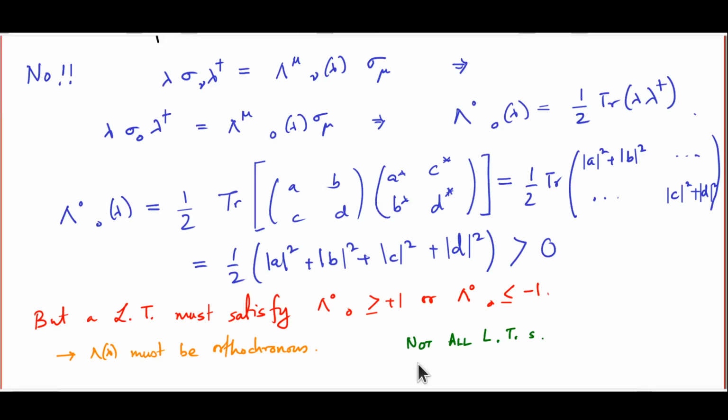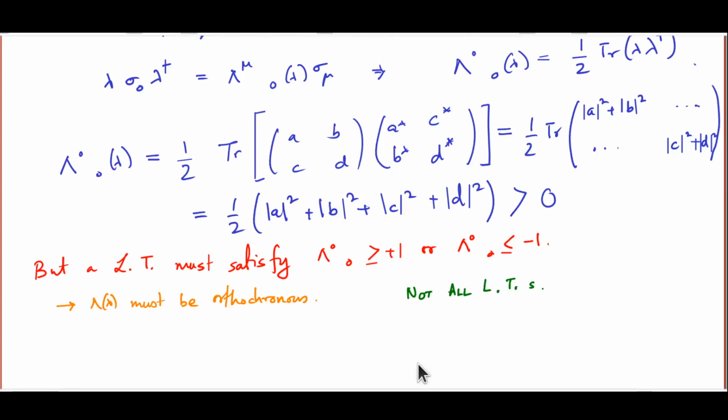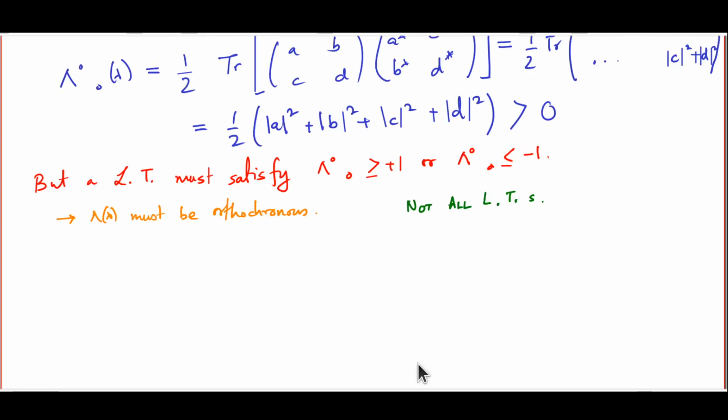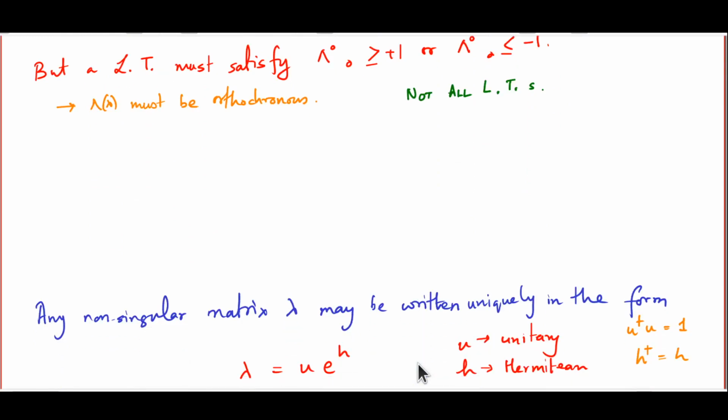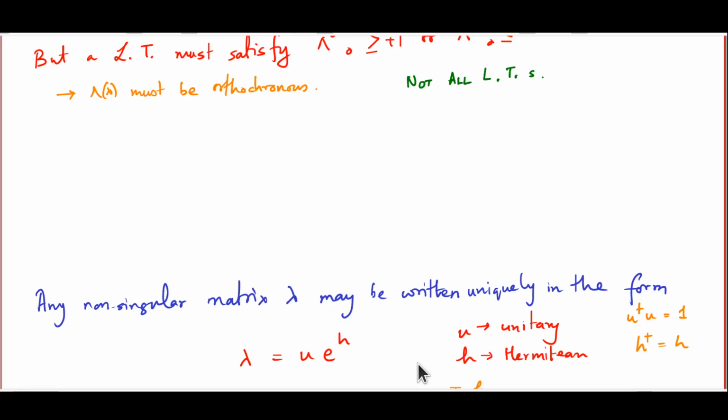To explore this, we will make use of a standard result from the theory of matrices. And that is the following. Every square matrix lambda can be written uniquely as a product of a unitary matrix and a Hermitian matrix. And if our matrix lambda is non-singular, then the Hermitian matrix also has to be non-singular.